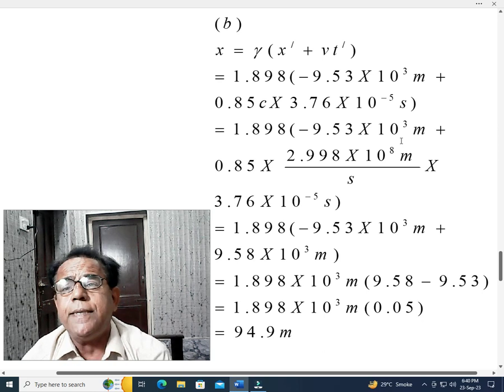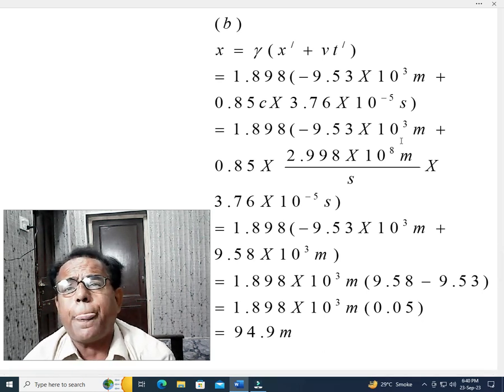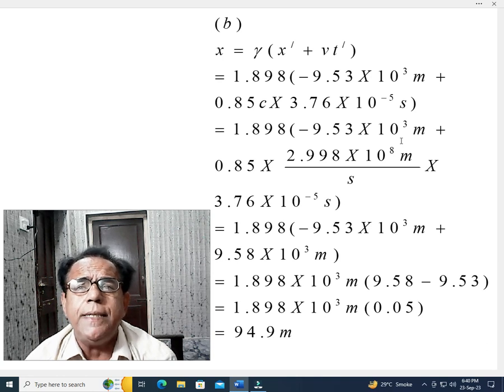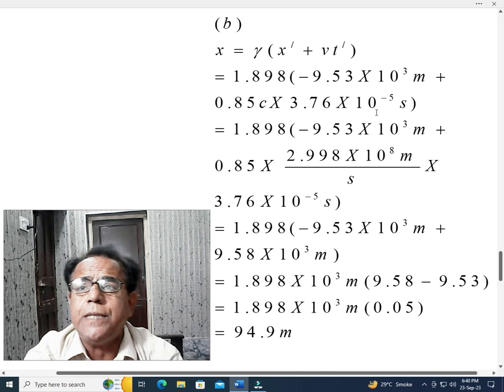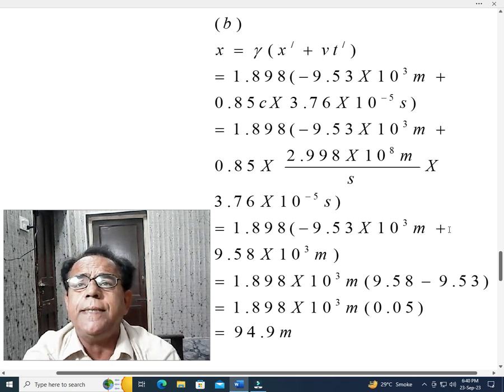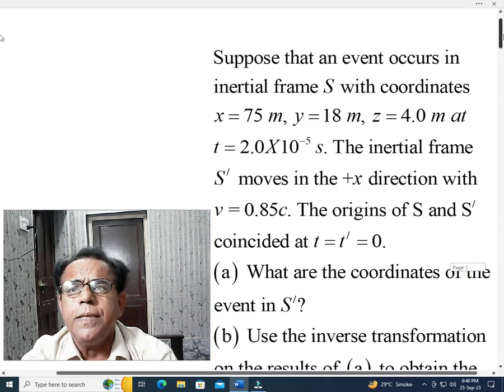Dear students, it is highly controversial. Actually, the value of x is provided in the statement. It should be equal to that value which is given in the problem, which is almost 75. Yes, x coordinate is 75 meter.